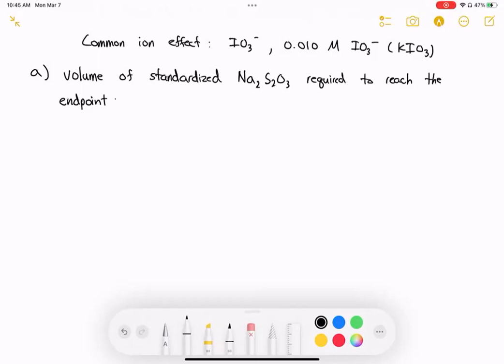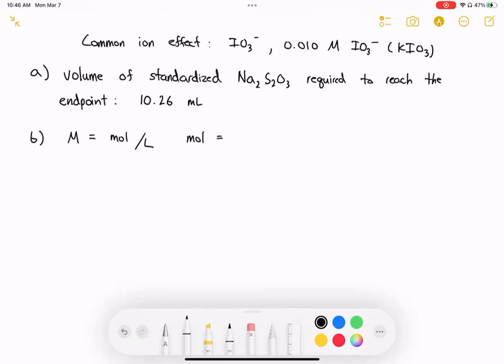So let's say our volume is, I don't know, 10.3 or 10.26 milliliters. Okay, so we're going to do the same thing we did in our previous calculation. Now we're going to take molarity equals moles over liter, and solve for moles.